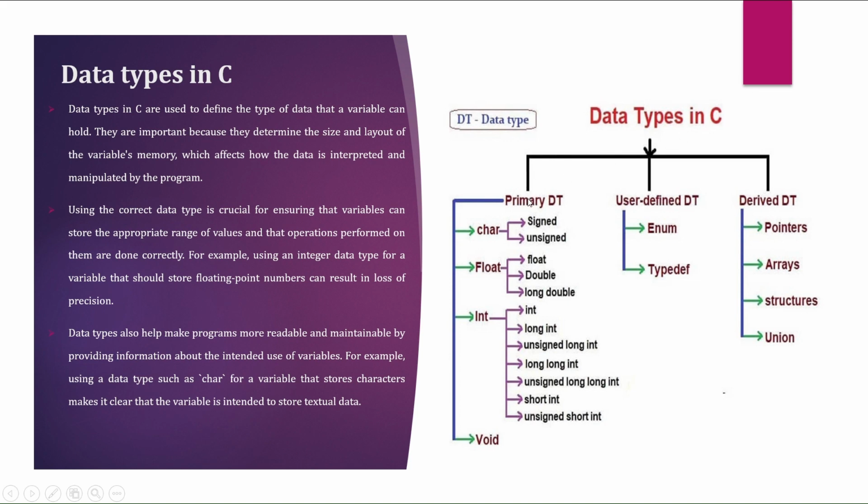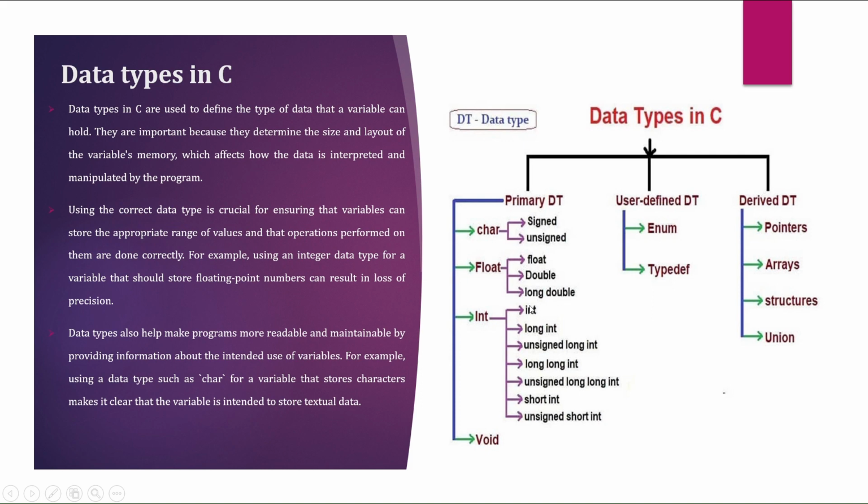There are three main data types: primary data types, user defined data types, and derived data types. In primary data types, we have four subdivisions: char, float, int, and void. In char, we have two: signed char and unsigned char. Similarly, in float, we have three: float, double, long double.